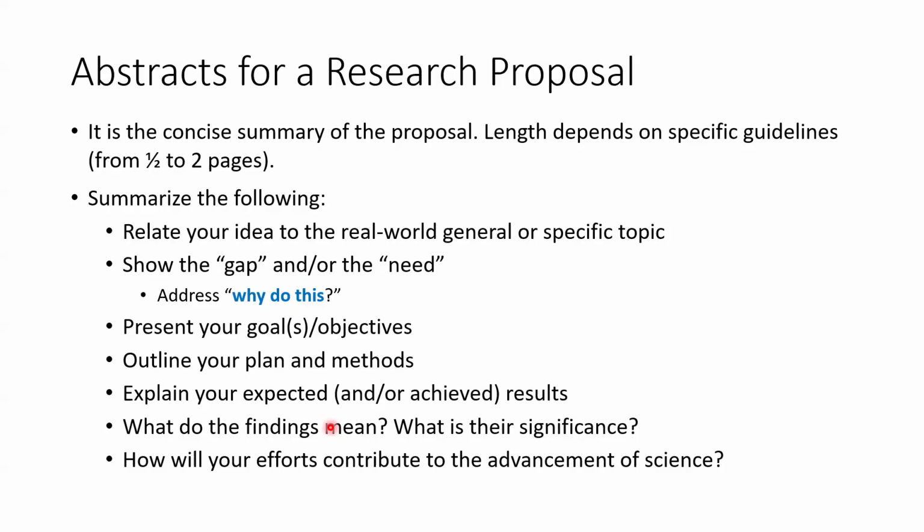You have to summarize how you relate your idea to the real world, general or specific topics, and also show the gap and the need. Why should we be doing this? That is very important, right?